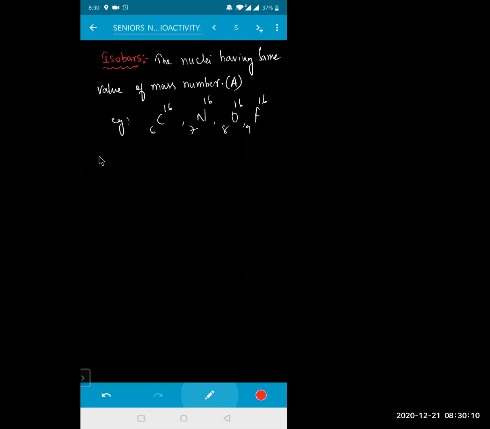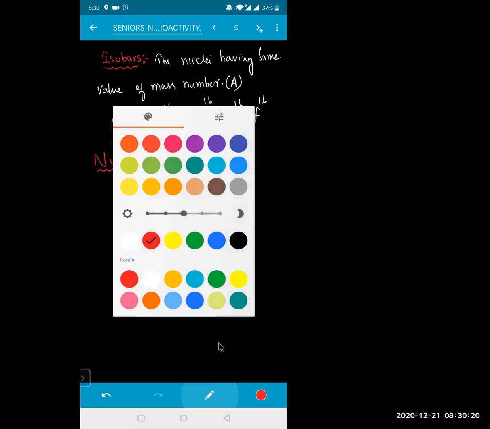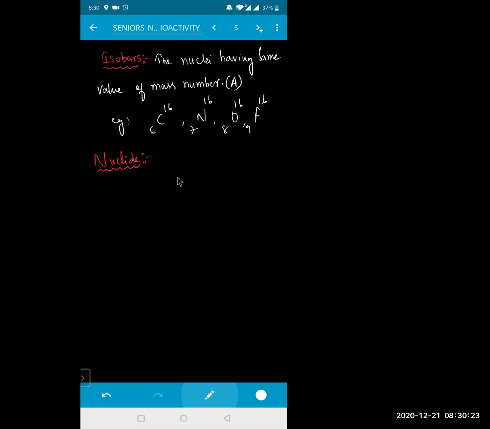The next one is nuclide. All nuclei with a given atomic number Z and neutron number N, that is, mass number and number of neutrons, are collectively called a nuclide.